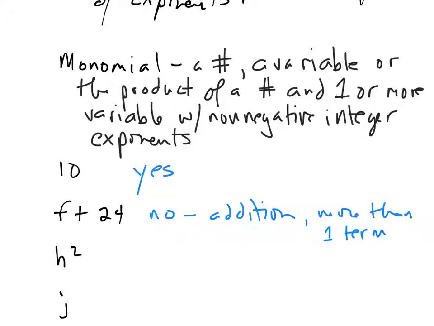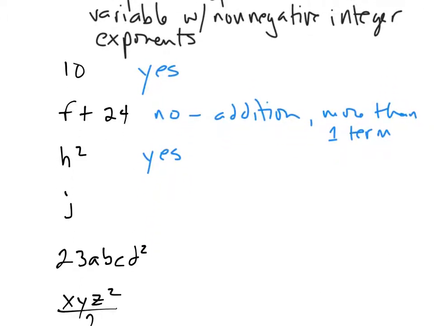Yep. J? Monomial? Yeah. 23ABCD squared. Yes. A lot going on in that one, but it's all multiplication. So we're good to go.